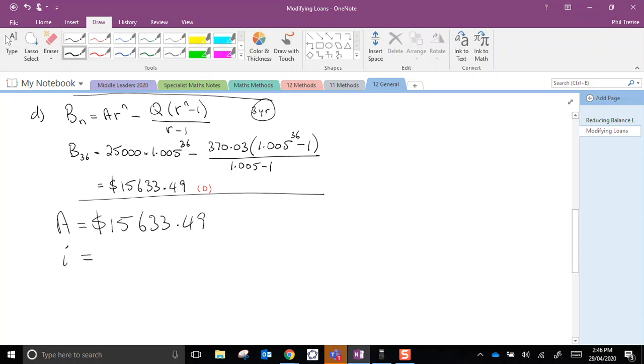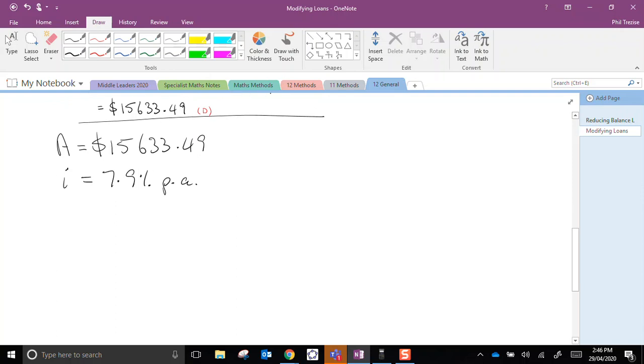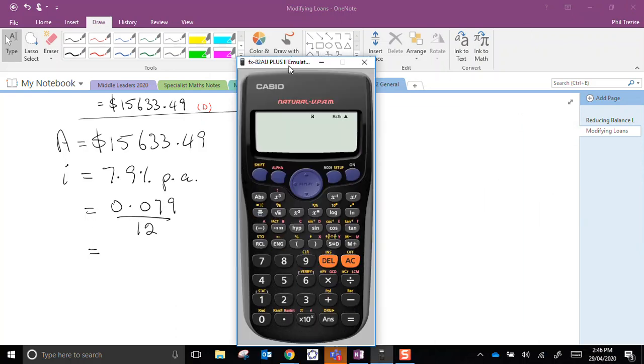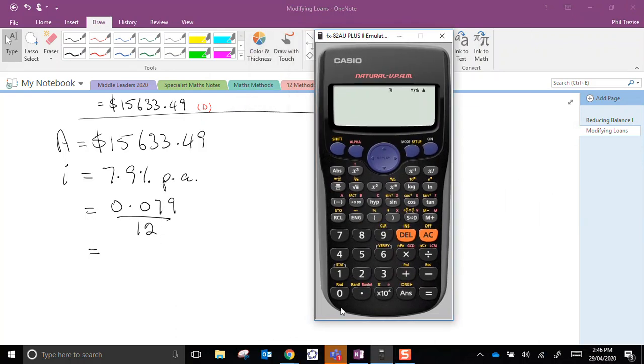The interest rate has now gone up to 7.9% per annum. And that's what happens with variable rate loans. So if you sign up for a variable rate loan, the interest rate can go up or perhaps it can go down as the loan progresses. So I'll be calculating this one.